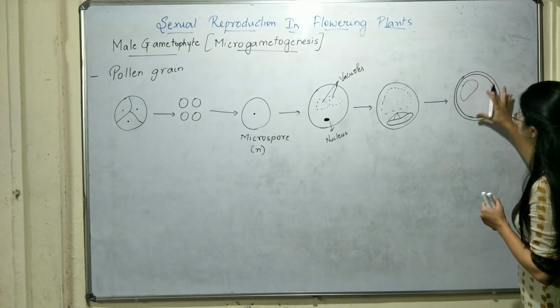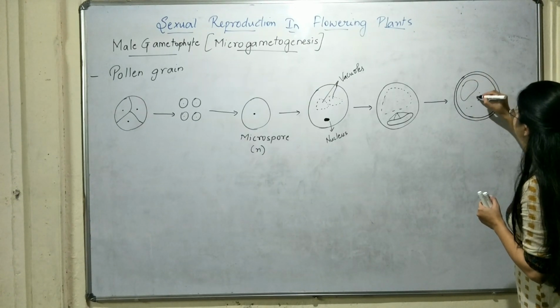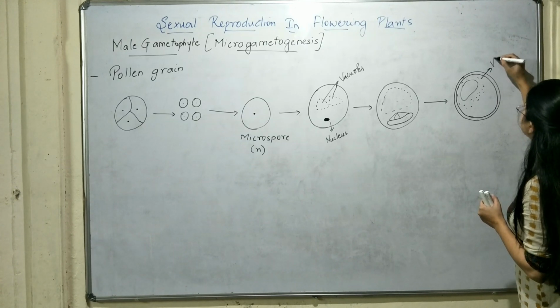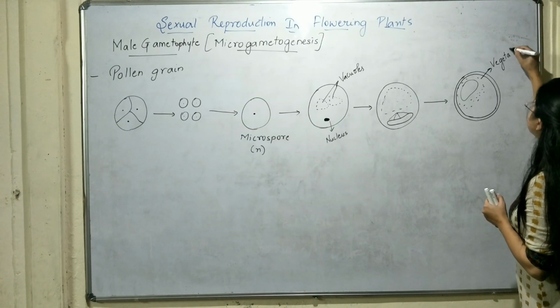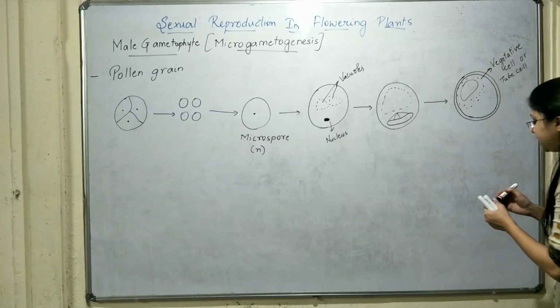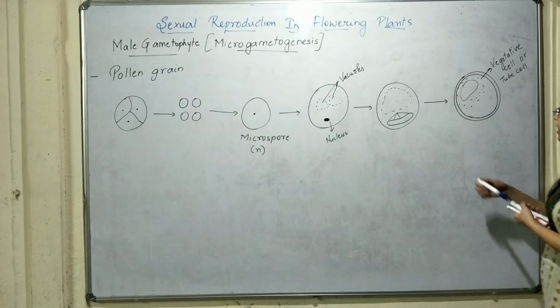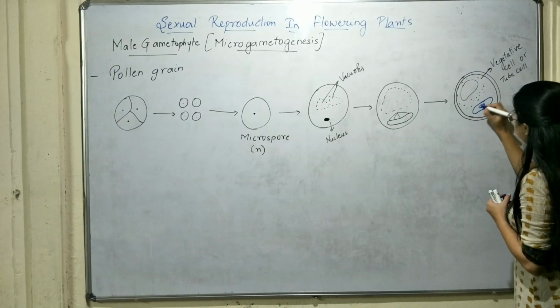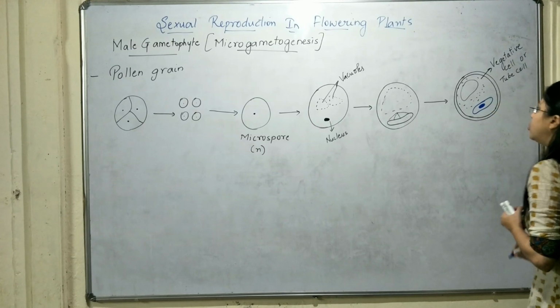The larger cell with more dense cytoplasm is called the vegetative cell, or it can also be called the tube cell. And one more cell will be present. This cell is smaller in size, almost spindle shaped, with a spindle shaped nucleus.